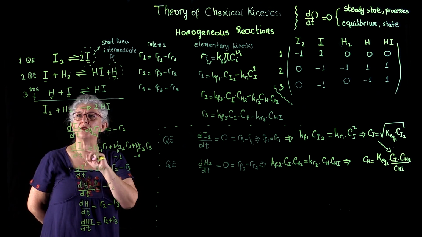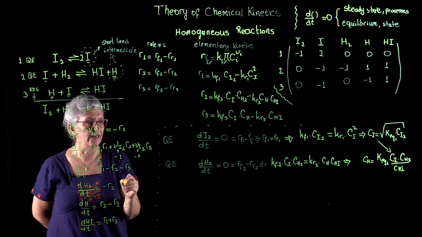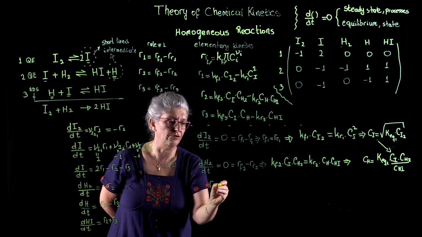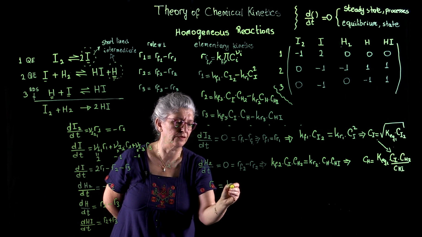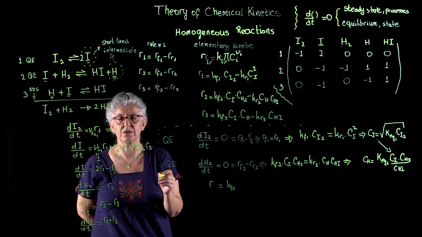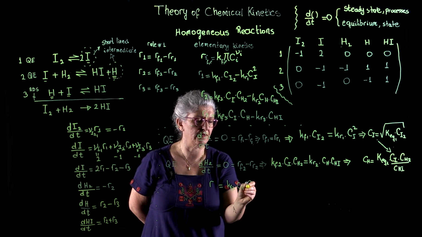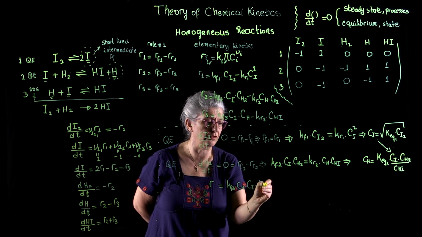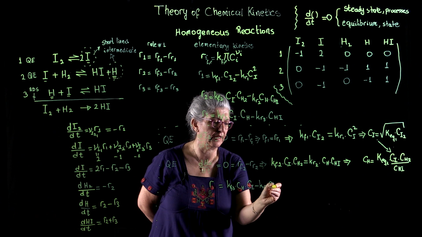Now, if the third step is the rate determining step, the overall reaction rate should be equal to K forward 3 times concentration of H times concentration of I minus K reverse times concentration of HI.